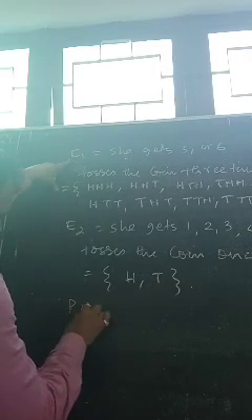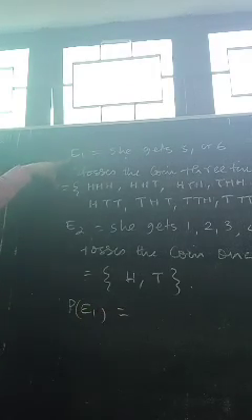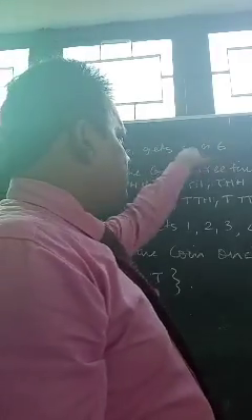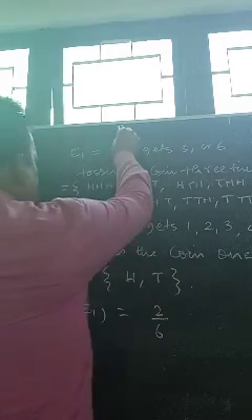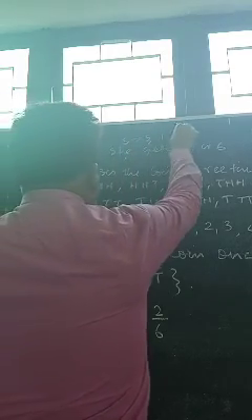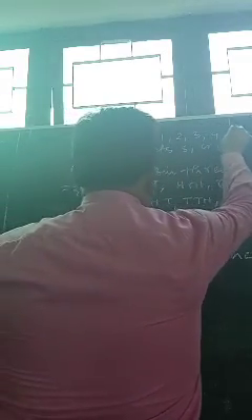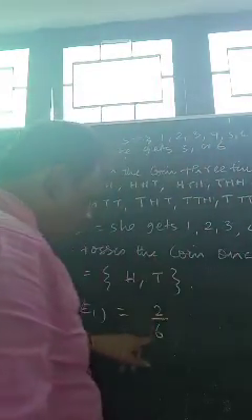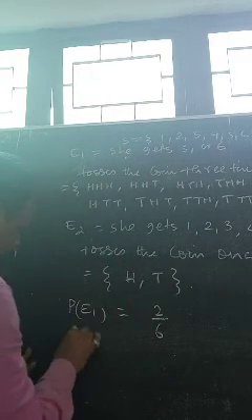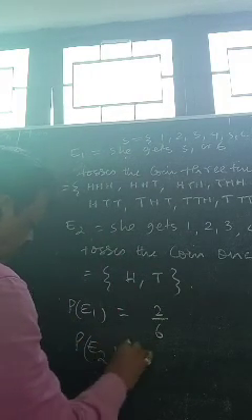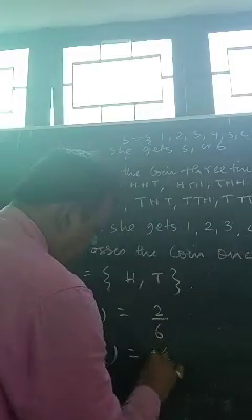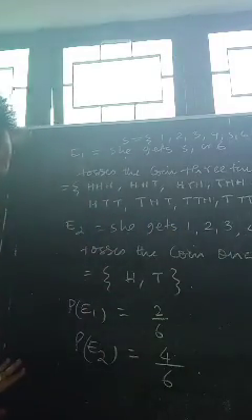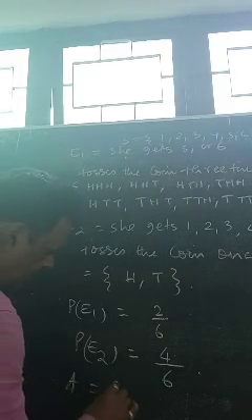Now what is probability of E1? You are getting 2 events from 6. It is 2 upon 6. What 6 is here? Your sample space is 6. 1, 2, 3, 4, 5, 6. So 2 out of 6. 2 upon 6. Probability of E2. Now you are getting 1, 2, 3, 4. That is 4 out of 6. Achha, A is 1 head is obtained.